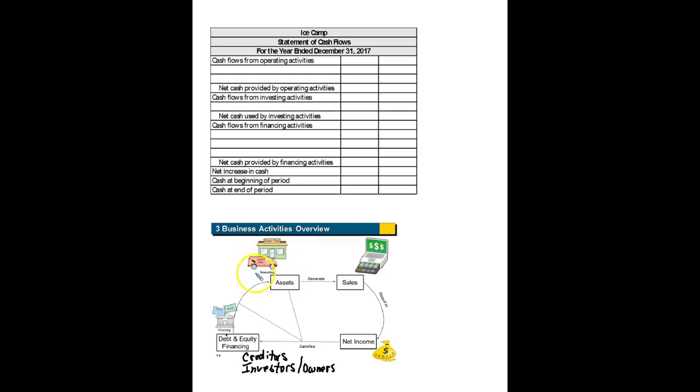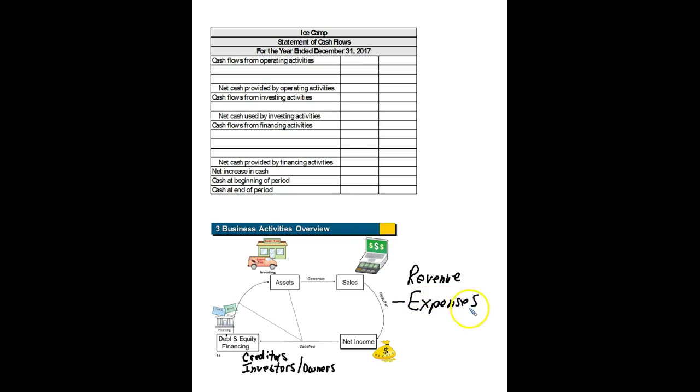And then we're going to use these assets to generate sales. Sales is our revenue. If we sell the candy, that's revenue. It could be selling a product, it could also be delivering services, so goods or services, either one, generates revenue. And of course we also know from studying the income statement that we're going to incur costs, expenses.